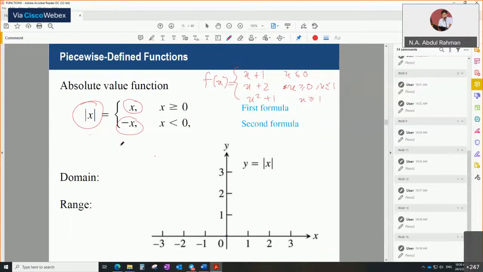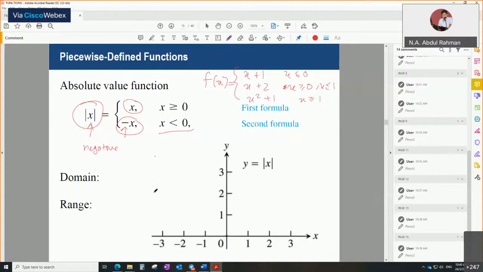My answer is no, because we are dealing with the interval itself. For the second equation, negative x, the number here is negative. That's why we take another negative, because a double negative will make a positive. But two wrongs don't make a right. Okay, so you understand this one?